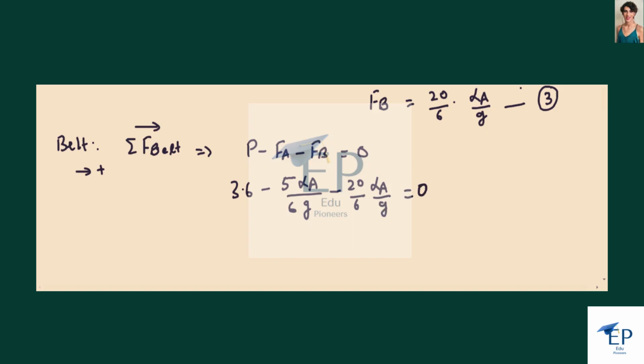So from here alpha A you will get 0.864 into g, and g is 32.2, so it would be 27.82 radian per second square.